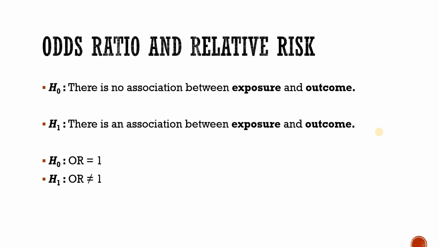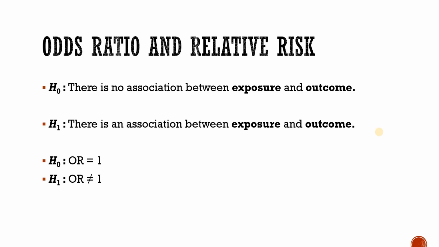So the null hypothesis says that, at the population level, there's no association. The odds would be equal, so the odds ratio would be 1. The alternate hypothesis says that there is an association, so the odds ratio will be either greater than or less than 1 at the population level. That's what we're testing when we perform an odds ratio.